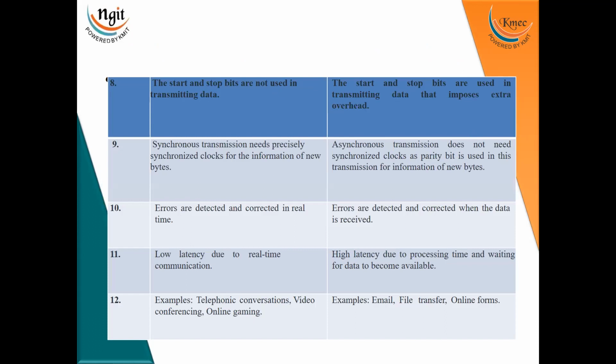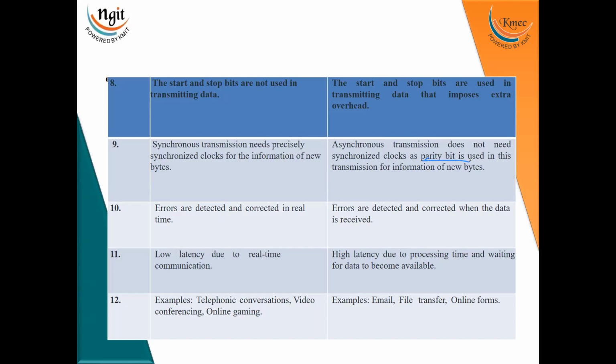Synchronous transmission needs precisely synchronized clocks for the formation of new bytes. But asynchronous does not need any synchronized clocks, as we anyhow use the start bit and stop bit.